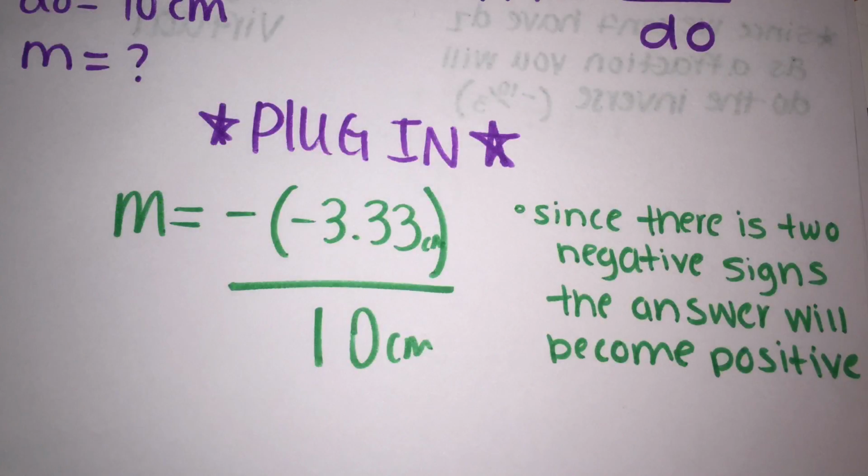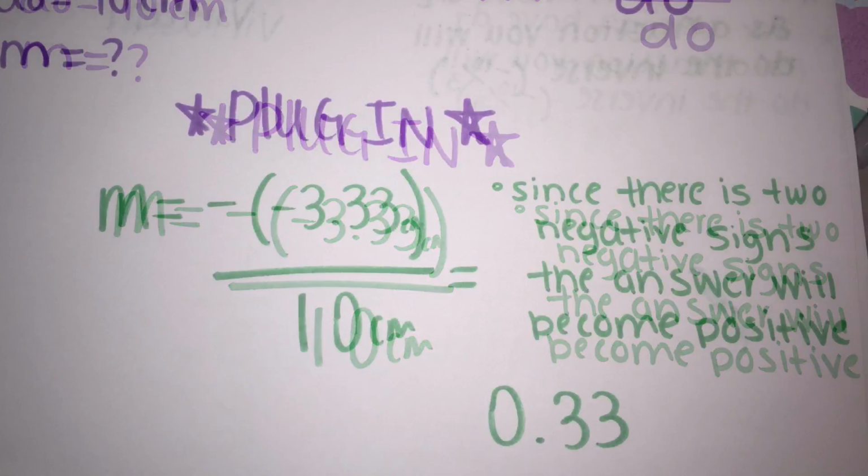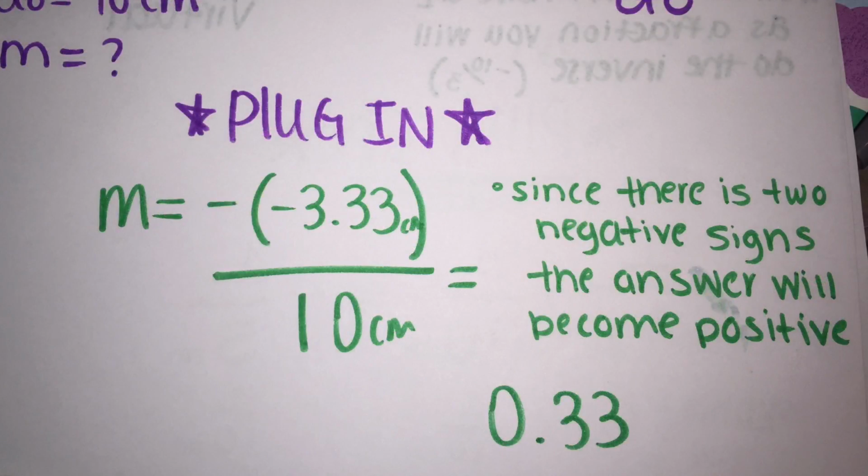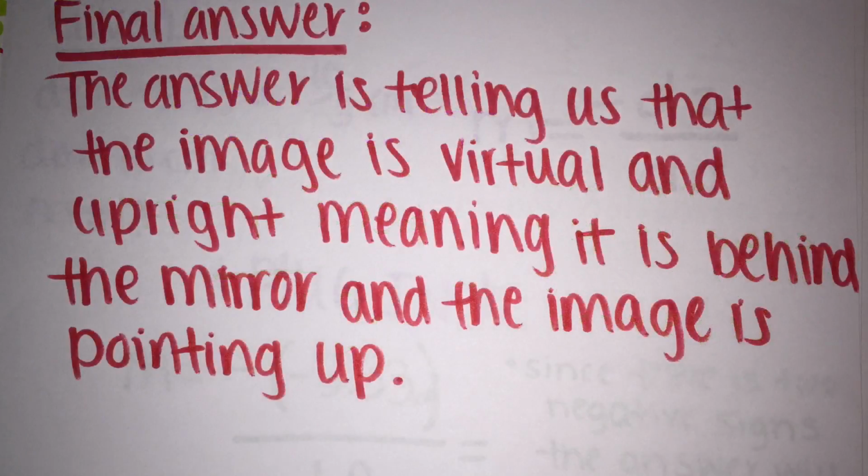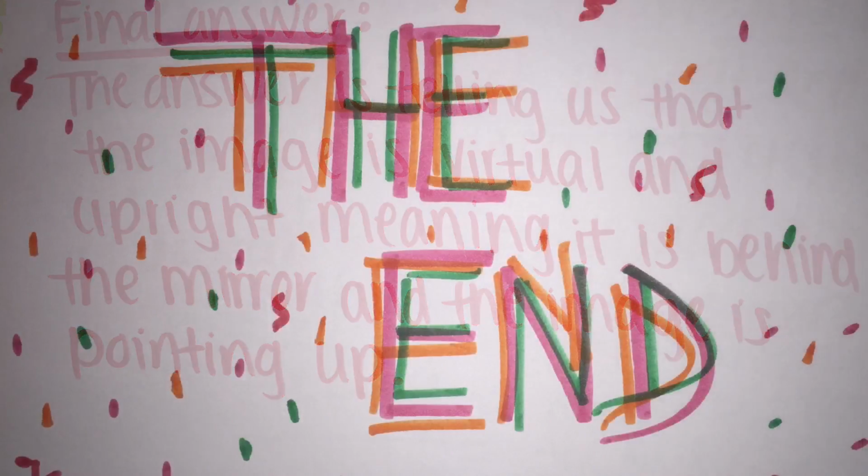Plug it in, and since there are two negative signs, the answer will become positive, giving you 0.33 with no units. The final answer is telling us that the image is virtual and upright, meaning it is behind the mirror, and the image is pointing up. If this matches the ray diagram, you did the problem right. The end.